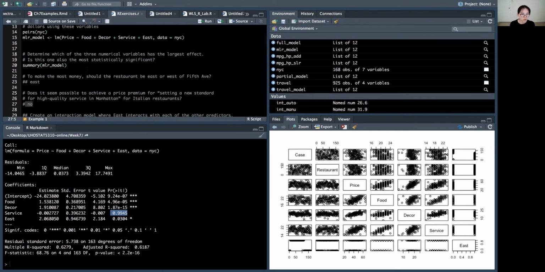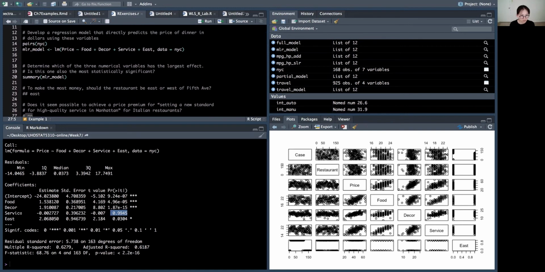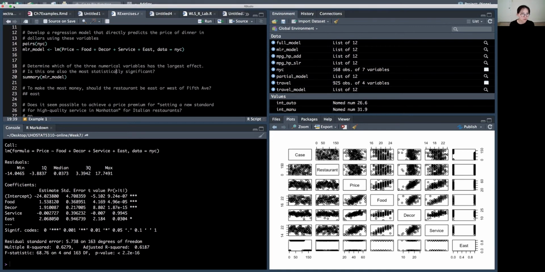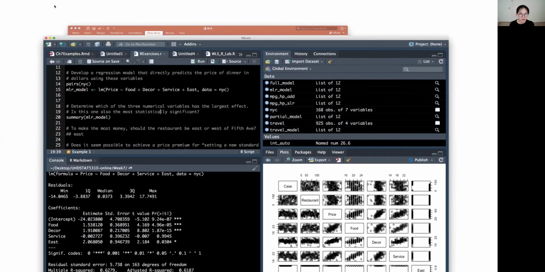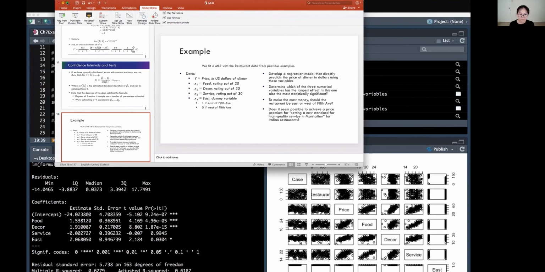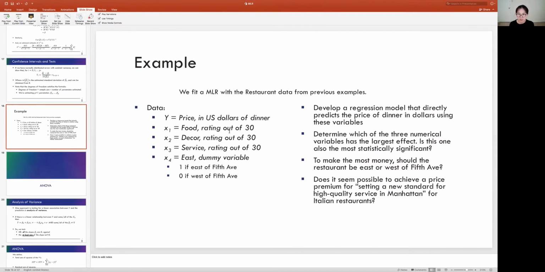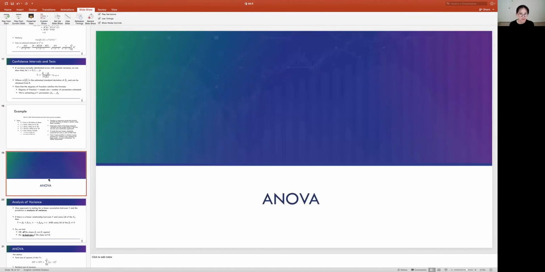Okay, we will talk about this kind of variable selection or model comparison very soon. So this is just an example of multiple linear regression.